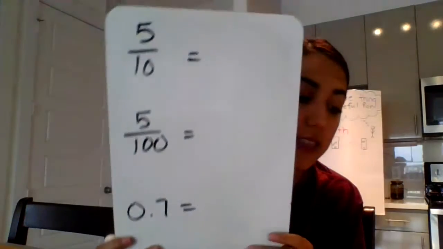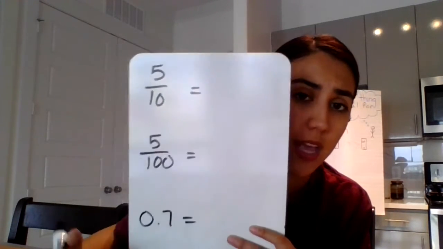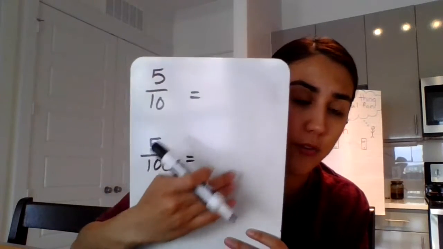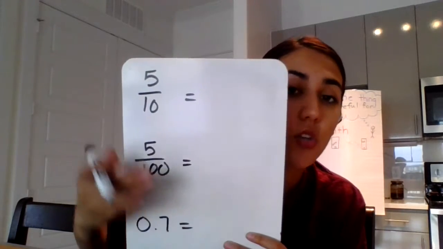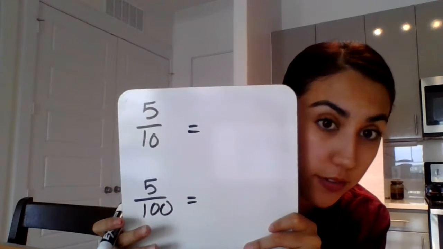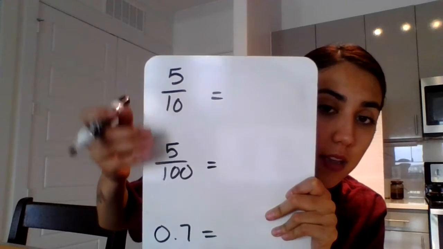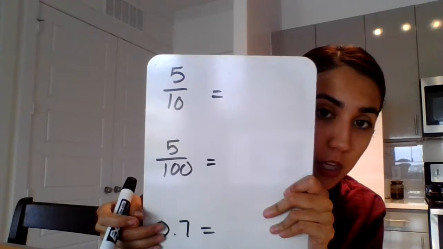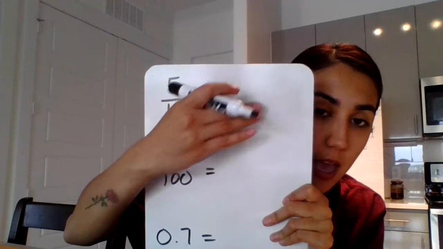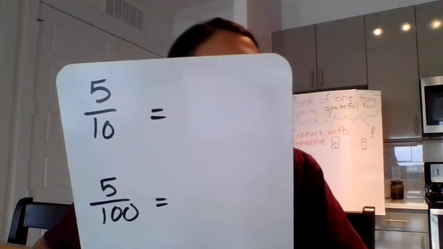So your paper has 2 fractions and 1 decimal, and they want us to find the equivalent decimal or fraction, okay? So when we're finding equivalent fractions and equivalent decimals, how you read this should sound the same as what you're going to put here. Okay, and it's going to make sense in a little bit.